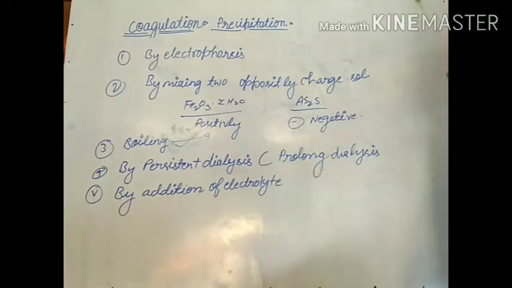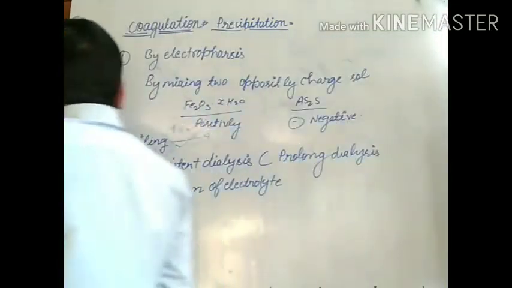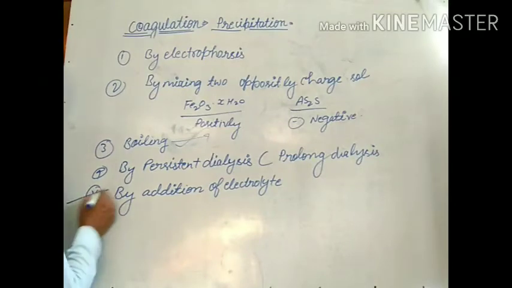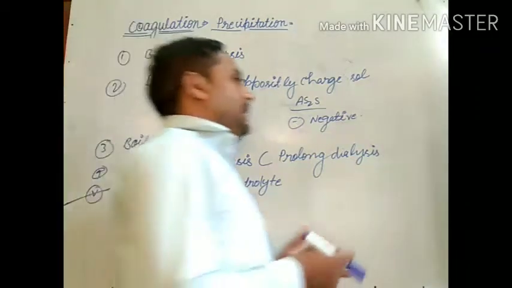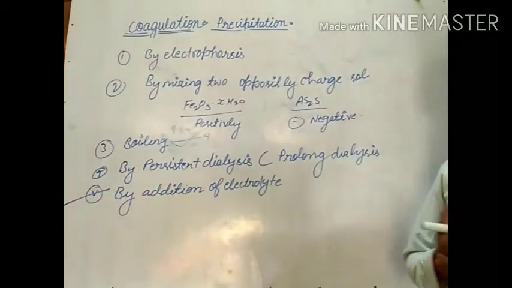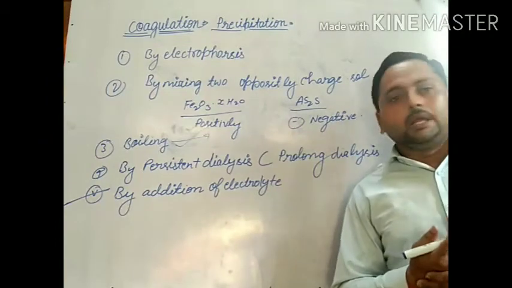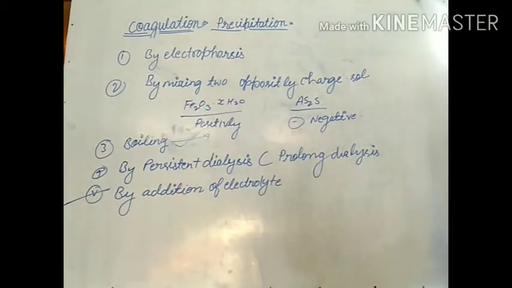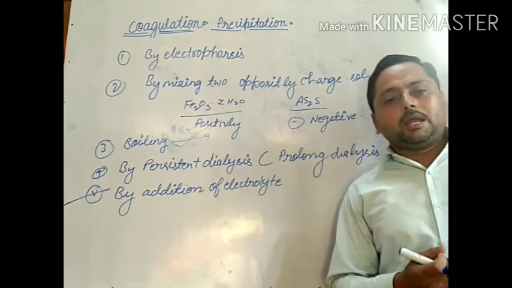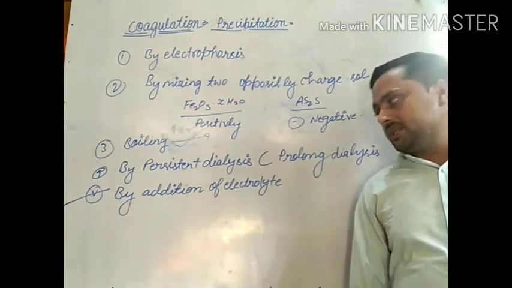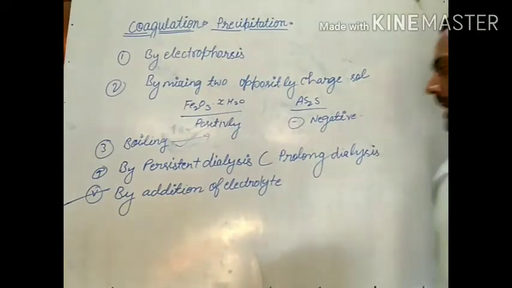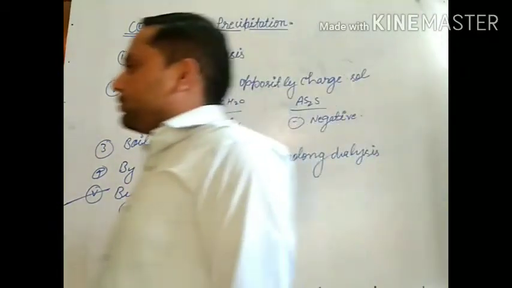By addition of electrolyte, this is very important. If we add electrolyte to a colloidal solution, it coagulates the solution. If an excess of electrolyte is added, it causes coagulation.